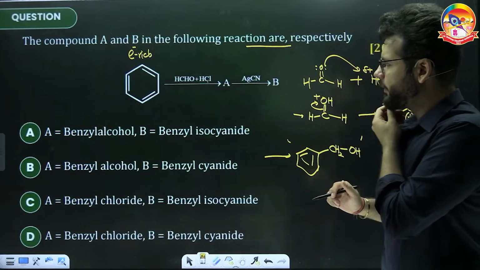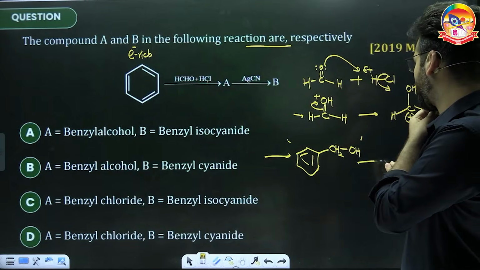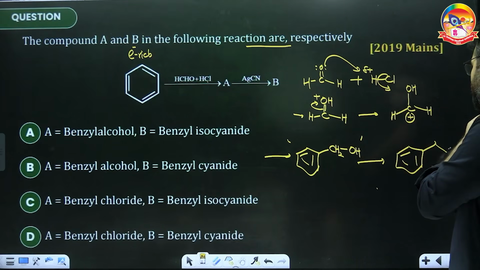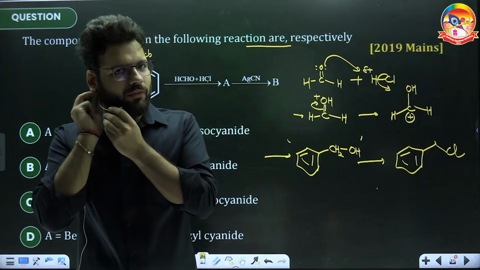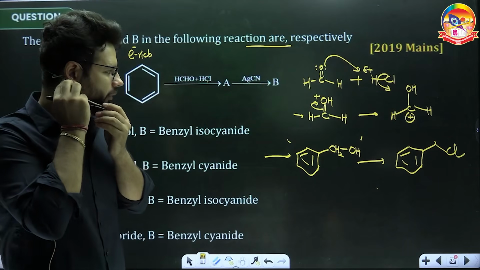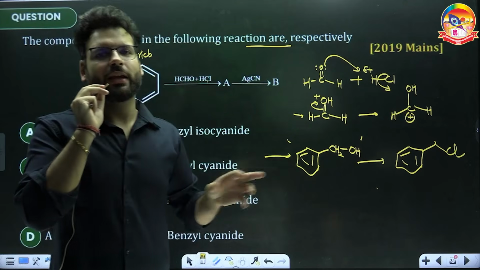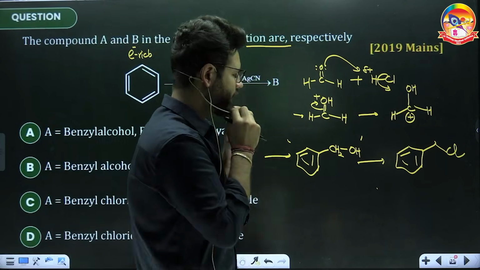Since HCl is also present here, benzyl alcohol can further convert to benzyl chloride. I hope it is making sense to you. First I got benzyl alcohol. The reaction of alcohols with HCl is nothing but the Lucas test, an SN1 reaction.